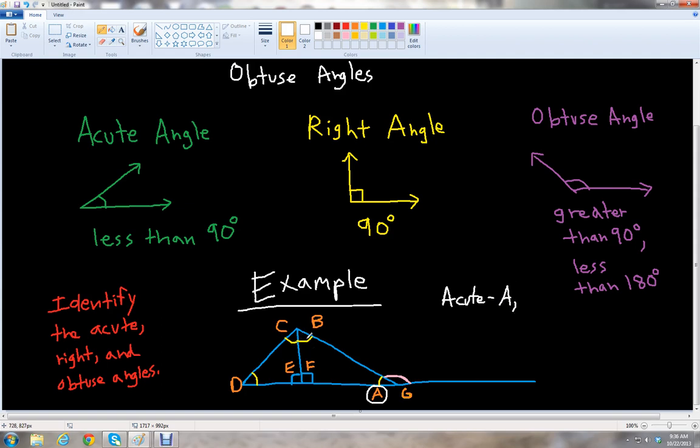You can also have this angle here. It's angle B. It's also acute. Angle C is another acute angle. It's less than 90 degrees. And we also have angle D. It's also an acute angle. So it's less than 90 degrees.